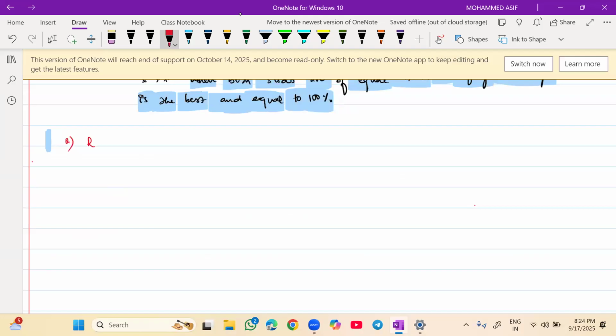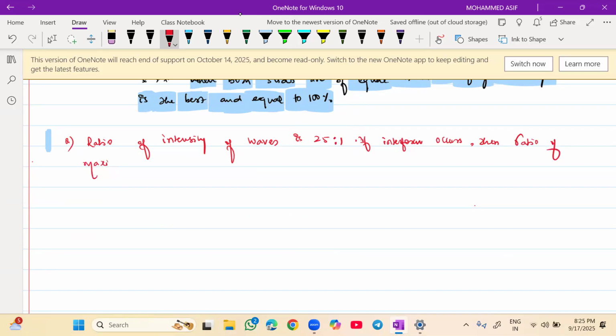The ratio of intensity of two waves is 25:1. If interference occurs, then the ratio of maximum and minimum intensity should be how much?